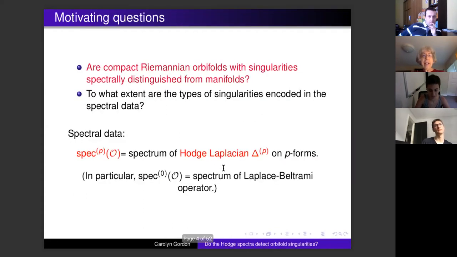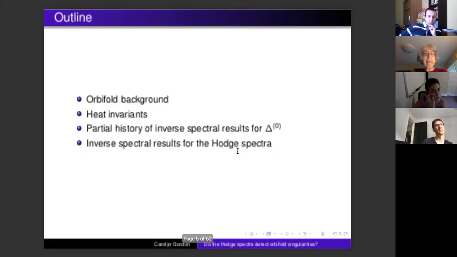And the spectral data for us will be the spectrum of the Hodge-Laplacian on p-forms. In particular, when p is 0, then we're looking at the Laplace-Beltrami operator. Most of the results in the literature have to do with the spectrum of the Laplace-Beltrami operator. And so the new results will be about the higher p.